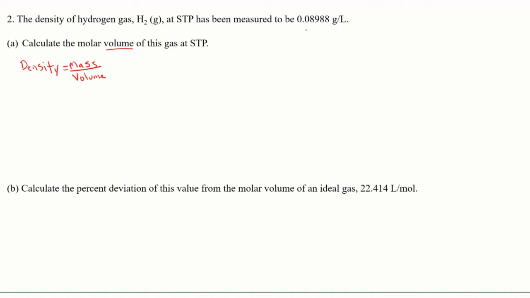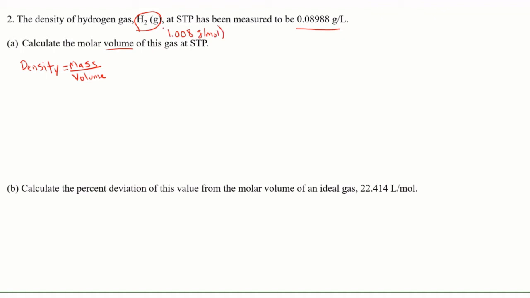We have the density, and we have the mass, but indirectly. We know that the mass of hydrogen is H2. Each atom of hydrogen, if we look on the periodic table, weighs 1.008 grams per mole.